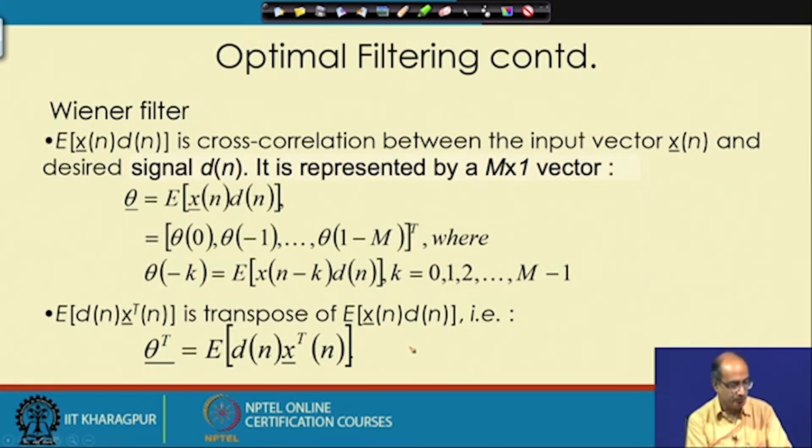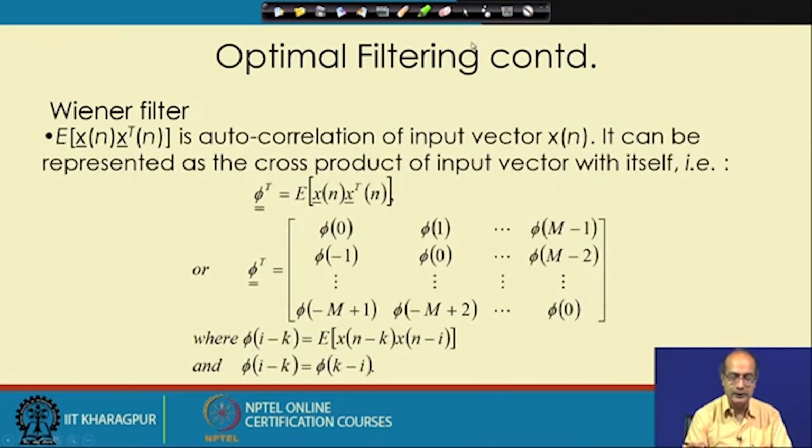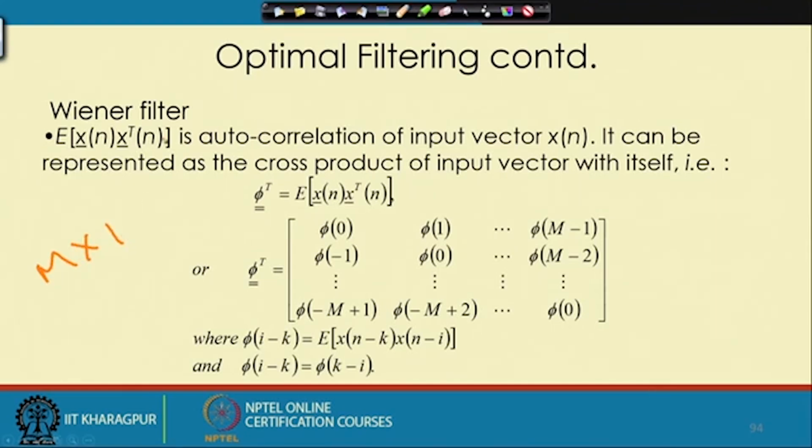Okay. Then we look at the fourth term we have received here, which is the cross product of x n and x n transposed. If you check the dimensionality, x n has dimensionality m by 1, and x transposed has 1 by m.